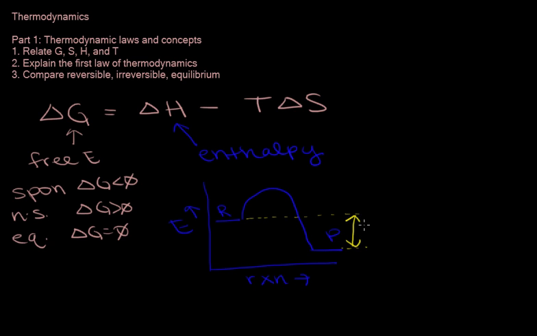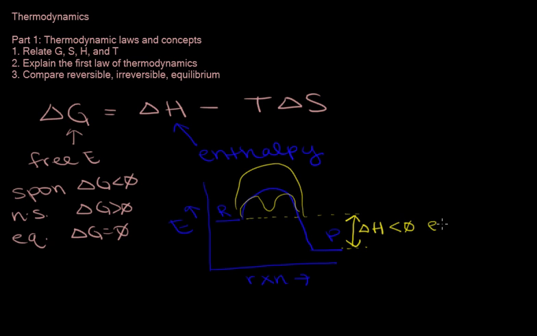So in this way, delta H is a state function, because it doesn't matter how you got there, and this could actually look like this or like this. It doesn't matter. All that matters is the starting point and the ending point, and you've got your delta H. So in this instance, this delta H is less than 0. It's giving off energy.